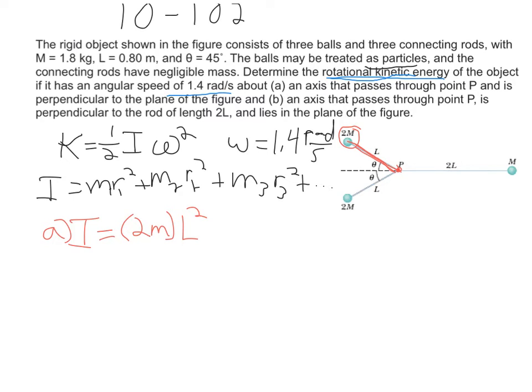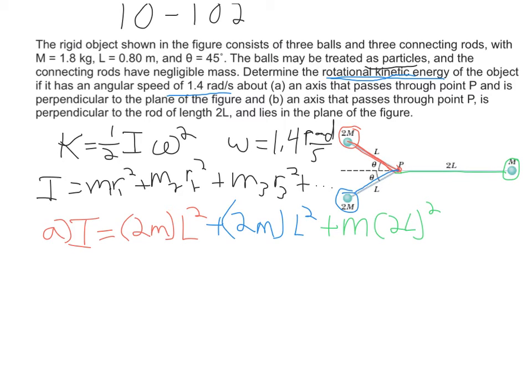Moving to the next one, we once again have 2m at a distance of L, so 2m multiplied by L squared again. And lastly, we have our third mass out here, at a distance of 2L away. So plus m at 2L squared.